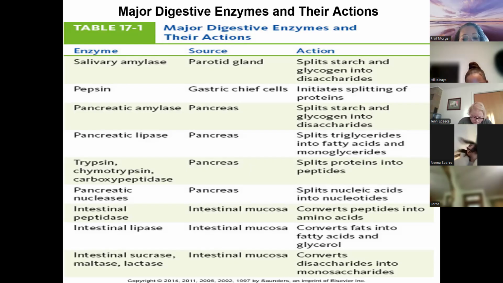You have intestinal lipase that helps convert your fats into fatty acids and glycerol. And then you have intestinal sucrase, maltase, and lactase. These help convert your sugars and break those down. Okay, so they're breaking down those complex sugars like disaccharides into more simple sugars, monosaccharides.